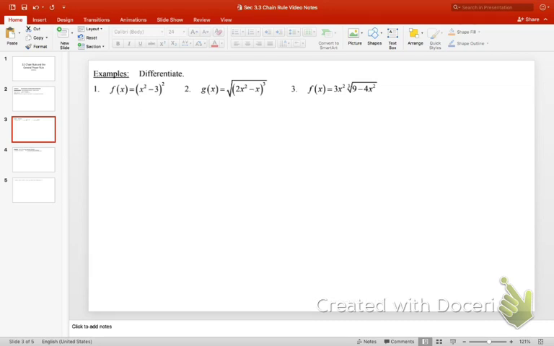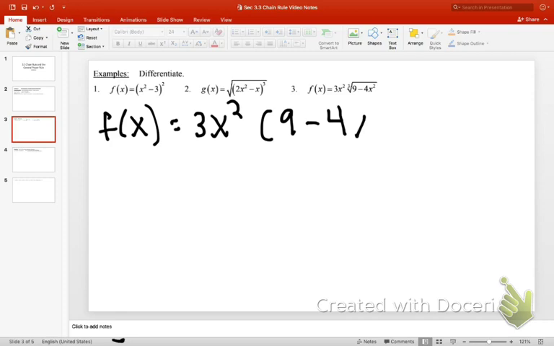A couple of things are going on here with example 3. Let's first rewrite this algebraically and see what we're actually working with. This is 3x squared times (9 minus 4x squared) raised to the 1/3.